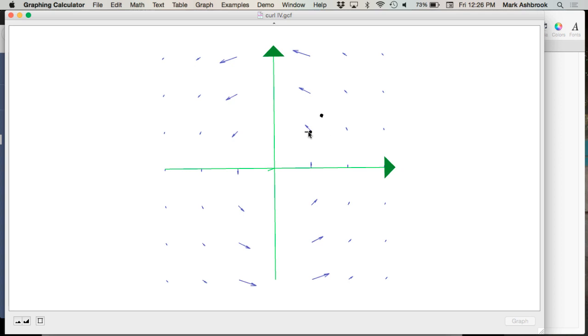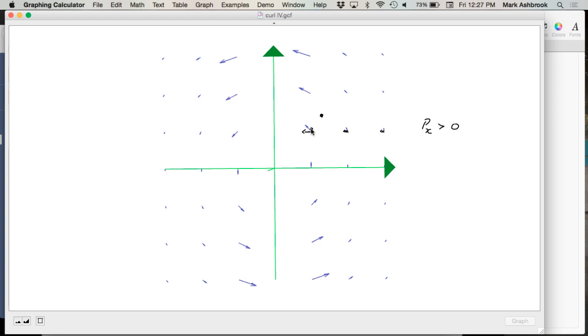Horizontal, okay. So notice we're moving to the left. So as things move to the left, is there expansion or contraction? Expansion, right? So in the x direction, it looks like Px is positive, right?